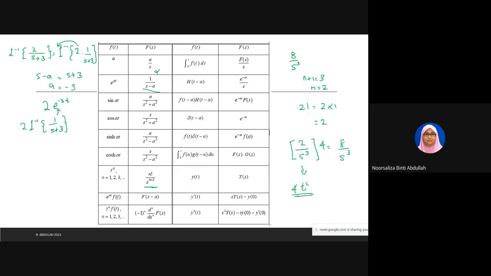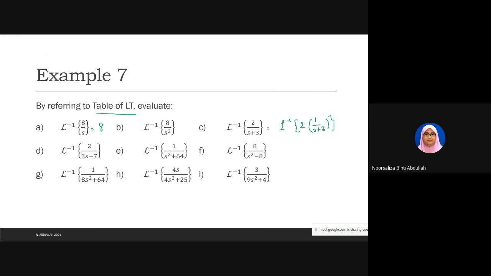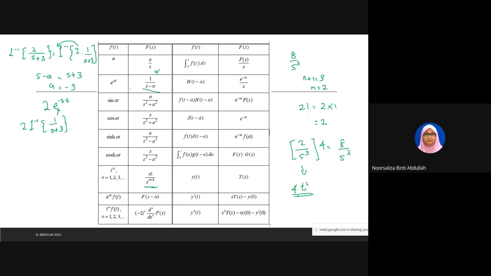But in this table above there is only 1. So you take out the 2, then inside the bracket you just have 1 over S plus 3. Now the inverse of this one, and the 2 you can move to the outside. So 1 over S plus 3 is exponent AT, so you have to find what A is.